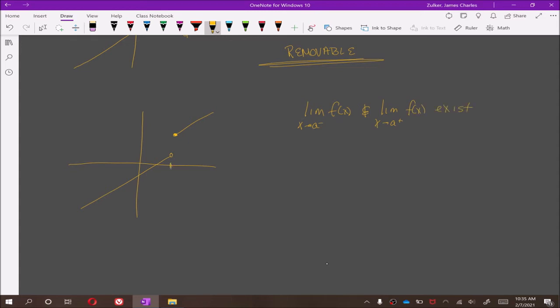Right, here's A. But notice they are not equal. This is known as a jump discontinuity. Right? And the idea of jump discontinuities actually leads to a new idea known as one-sided continuity.